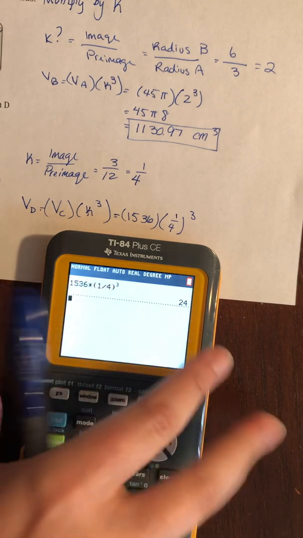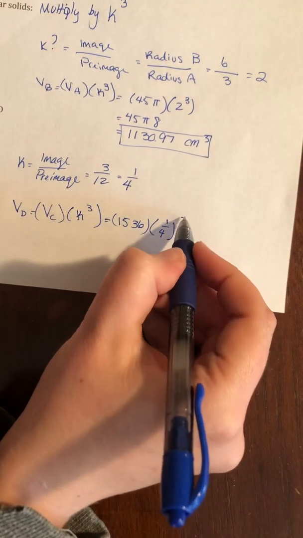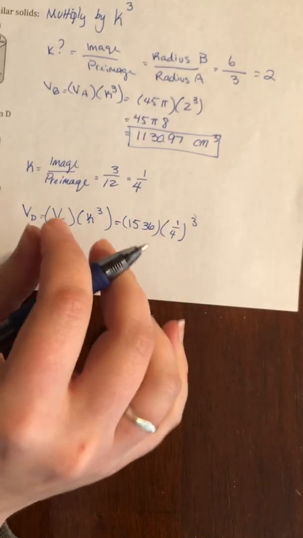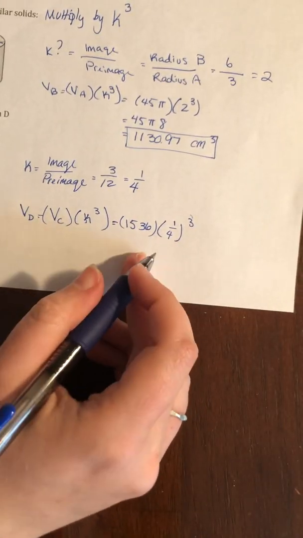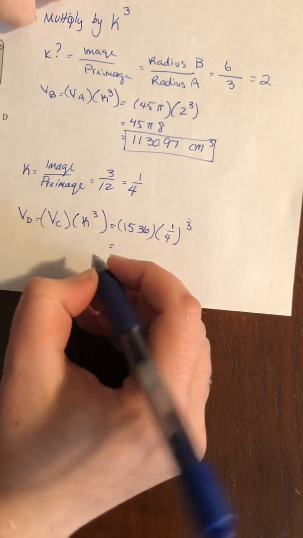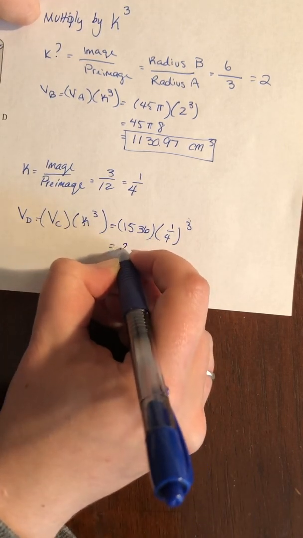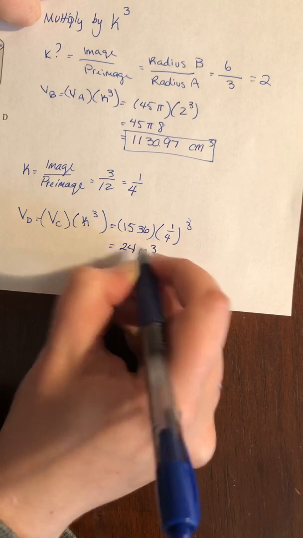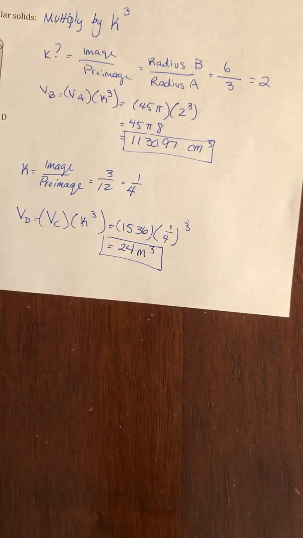Make sure, because the way that cube works is being distributed. So unless you want to remember how that distribution goes, make sure you're putting it into your calculator correctly. And that gives us actually exactly 24. So that's density and similar volume. Please get started on your 11.5 homework.